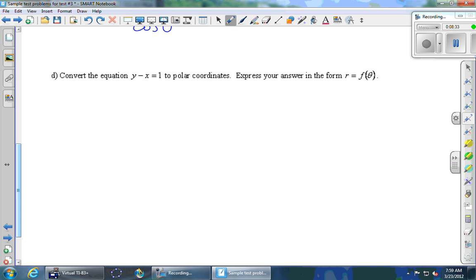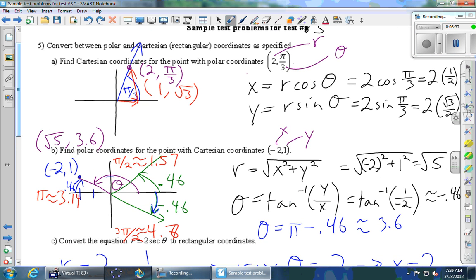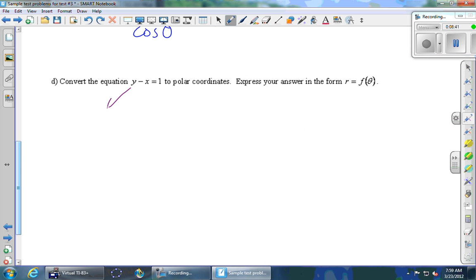Okay, here, how about we just go ahead and replace the x's and y's using the same two equations we've seen up here. So instead of y, r sine theta, minus, instead of x, r cosine of theta, and that's supposed to equal 1. Ultimately, the goal is to get r equals, so I feel like those two r's need to compress down to a single one.